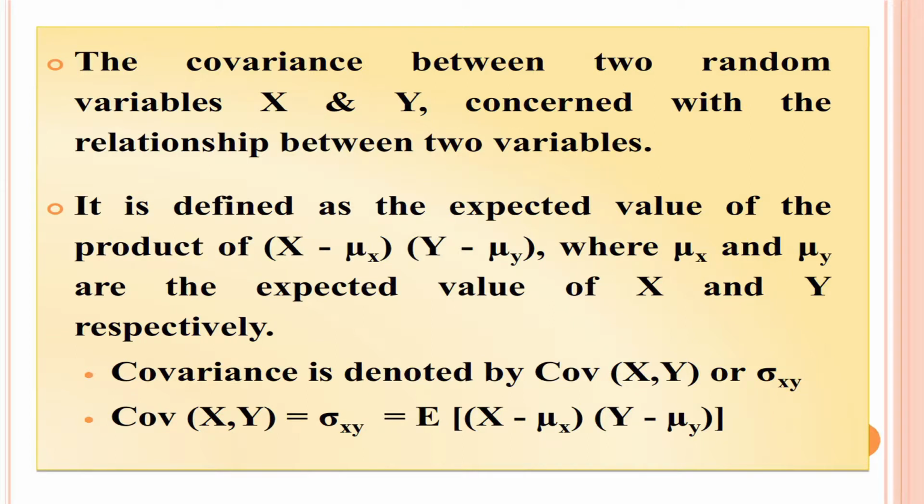Covariance is denoted by COV of x comma y or sigma subscript x comma y. Let us define it: covariance of x comma y is equal to sigma x y, which is equal to expectation of (x minus mu x) into (y minus mu y).